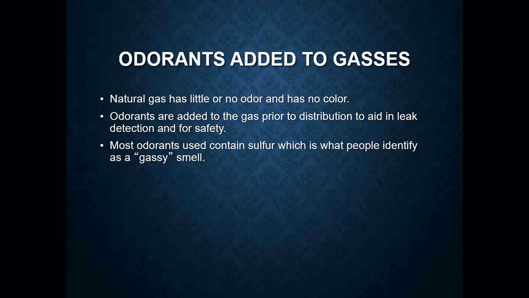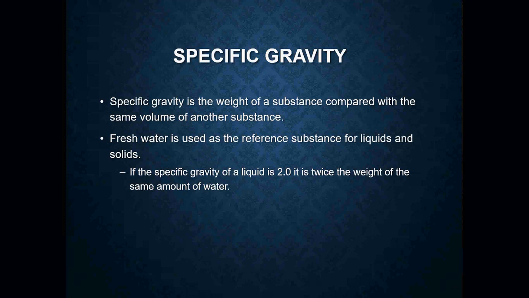When the gas goes through its process of being delivered to homes, the gas company introduces sulfur into that gas so that it is easily detectable in the event of a leak. That's why we have it.